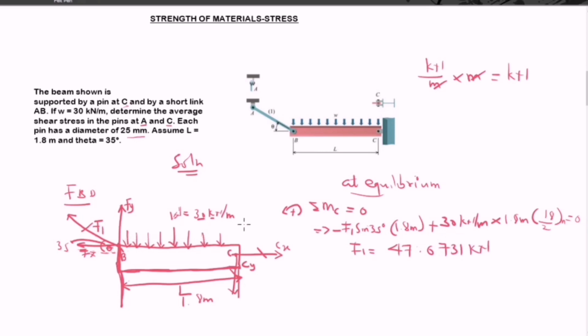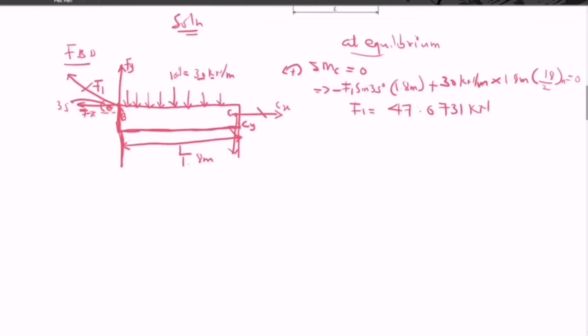Then we continue with the reaction forces. We are going to find, at equilibrium, the sum of forces. The sum of forces in the X component should be equal to 0. So in that case, we are going to resolve this.